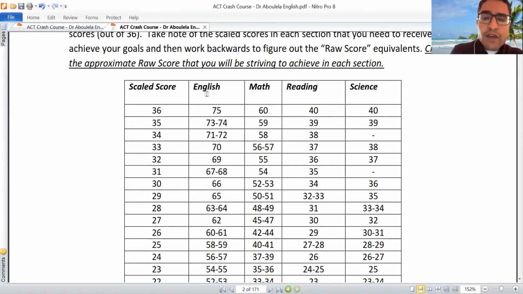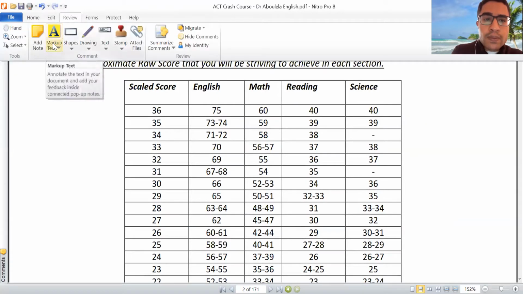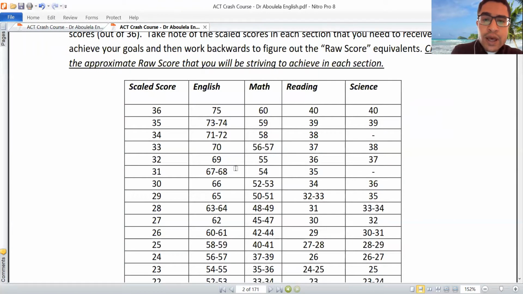For example, if I want to get 30 as a scaled score, I need to get 66 questions correct out of the 75 on English, 52 to 53 on the math, 34 questions correctly on the reading, and 36 out of 40 on the science.